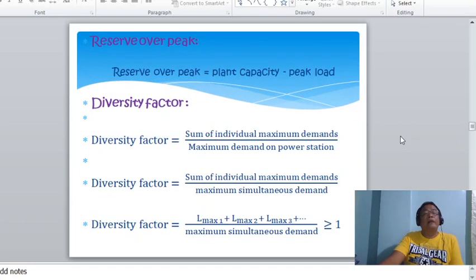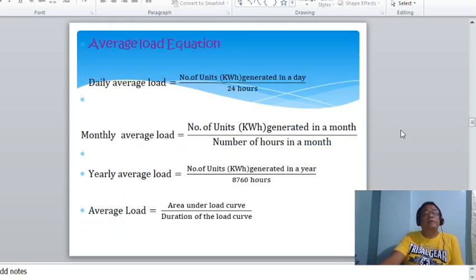Now we have the average load equations. Let us identify the formulas that we are going to use. For daily average load, this is equal to the number of units, that is, the energy generated in a day in kilowatt hours, divided by the number of hours per day, which is 24 hours.